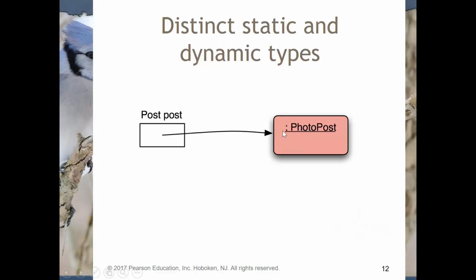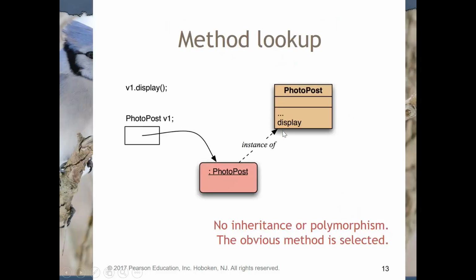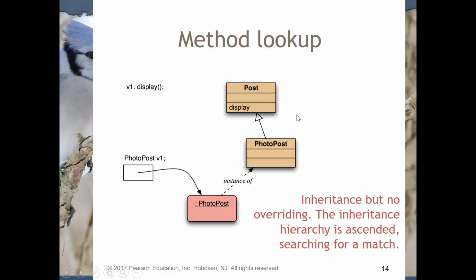So here's just a simple diagram showing you what's going on. In this case, when you have code here, it's going to go here and look for it. If it finds it, it'll go ahead and go into this code and execute here. No inheritance or polymorphism, the obvious method is selected. Okay, so from here it's looking for it, goes there, finds it.